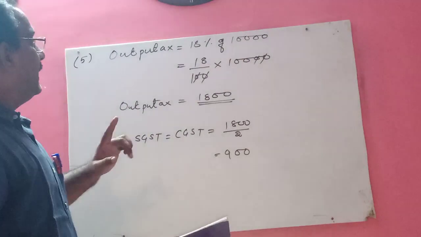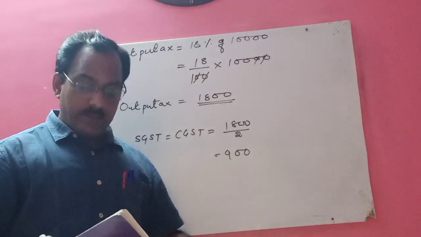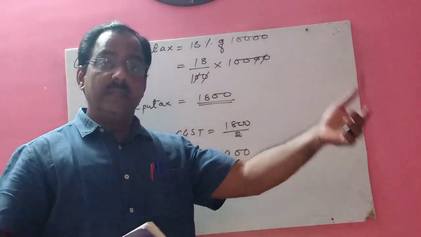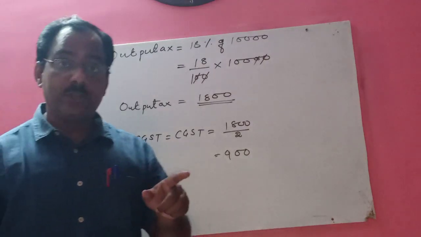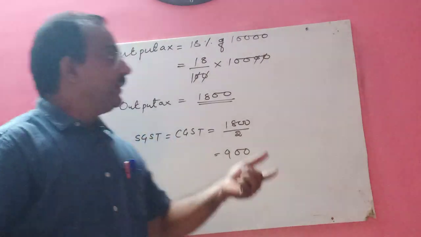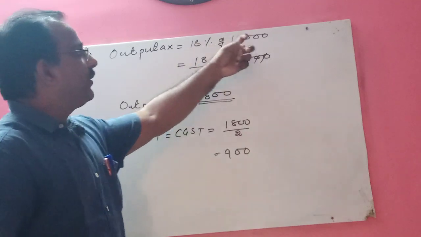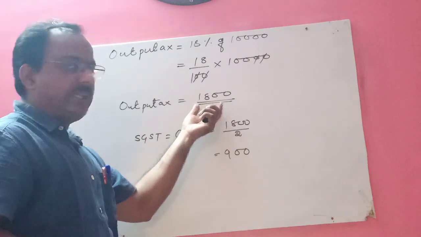See, again I am telling you, children, the cost price is already given 6,000. When it was sold to the customer, that time tax is collected and it is at the rate of 18%. So you should calculate what is the 18% of 10,000. So 18% of 10,000 is how much? 1800.